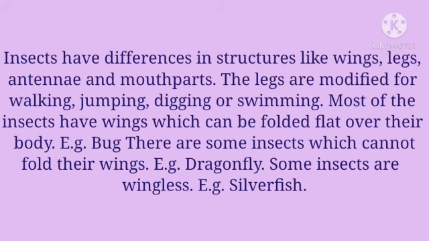Insects have differences in structures like wings, legs, antennae and mouth parts. The legs are modified for walking, jumping, digging or swimming. So the insects have the same structural features, but everything becomes changed.